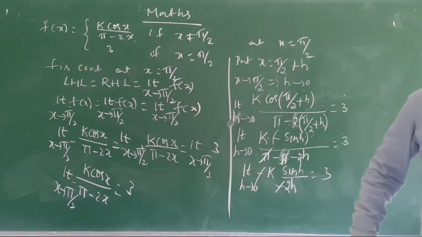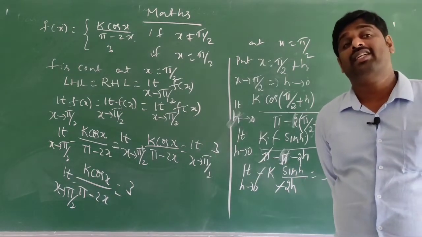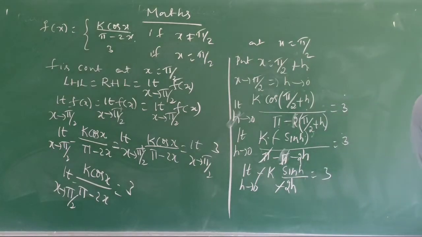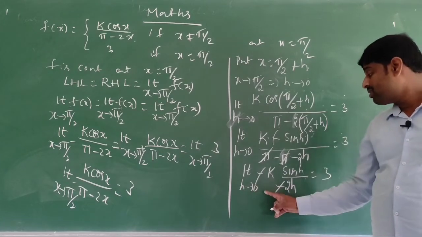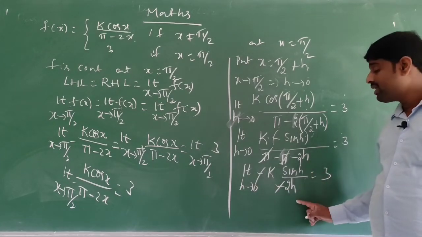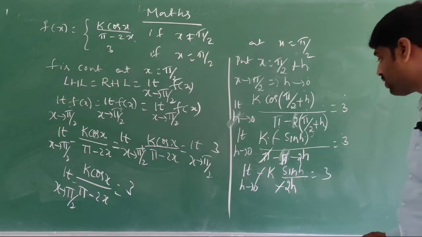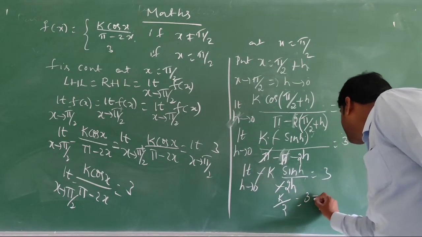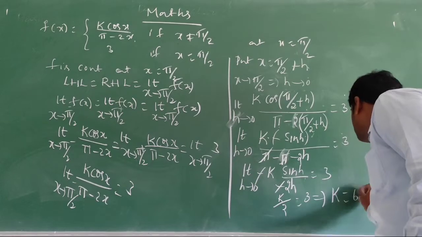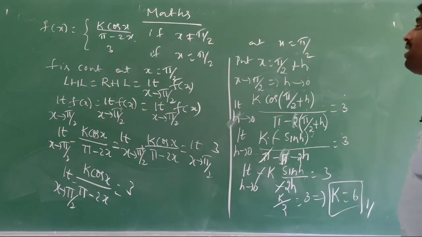That is, limit x tends to 0 of sin x by x form is there, but instead of x, here h is there. Limit h tends to 0 of sin h by h is equal to 1. Therefore, k by 2 is equal to 3. Therefore, k is equal to 6. This is the value.